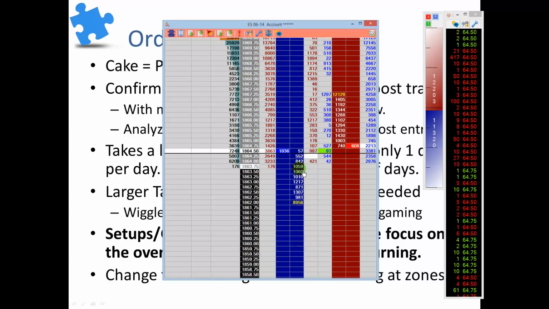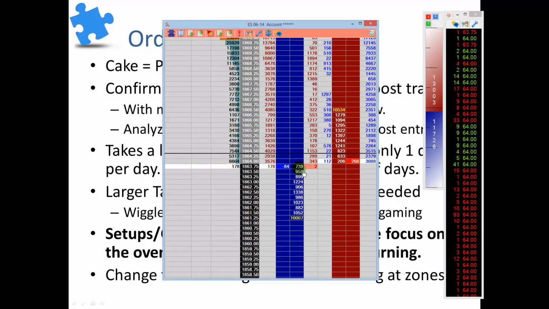So unlike the scalping, the shorter term trading, stopping out too aggressively when you're taking longer term day trades is going to see you close out a lot of good trades early. And entries in what I'd call crowded areas and gamed areas that we're going to look at later are going to need more wiggle room. So we'll talk about that slightly later.